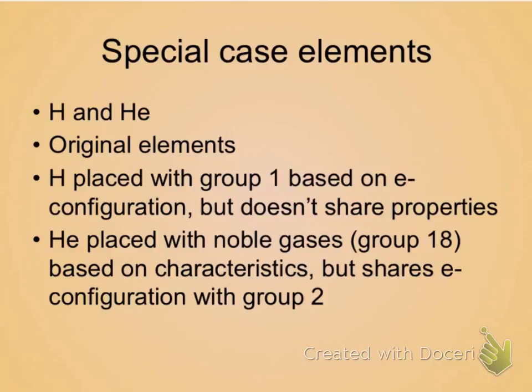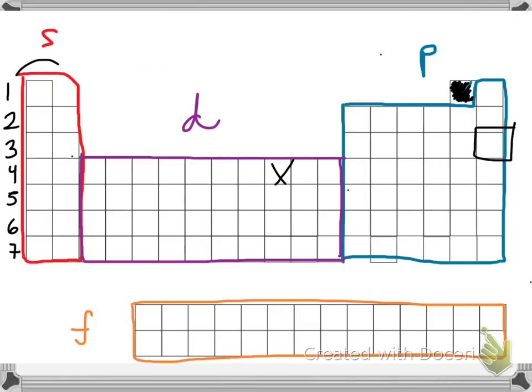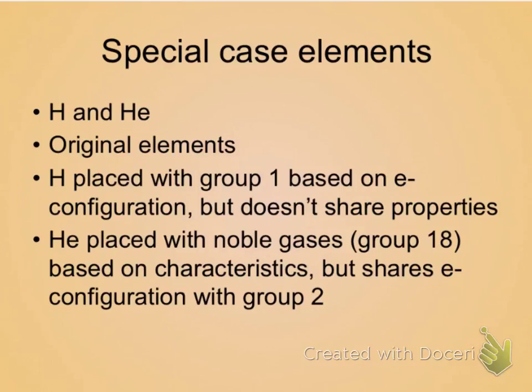So anyway, hydrogen and helium are these weird special cases. Here's hydrogen, here's helium. What does hydrogen end with? 1s1. Helium, 1s2. These are the first elements that would have existed in our universe.